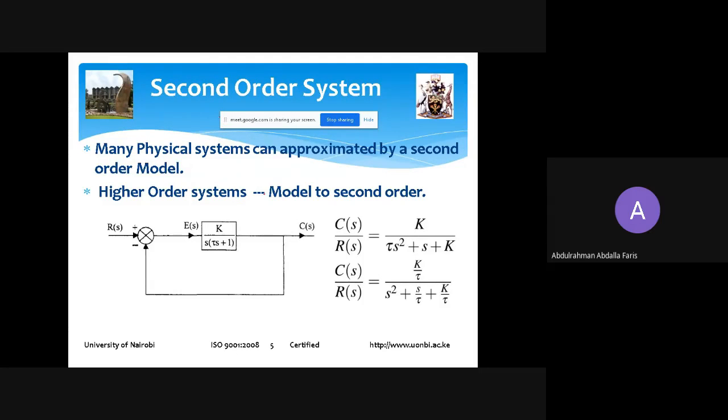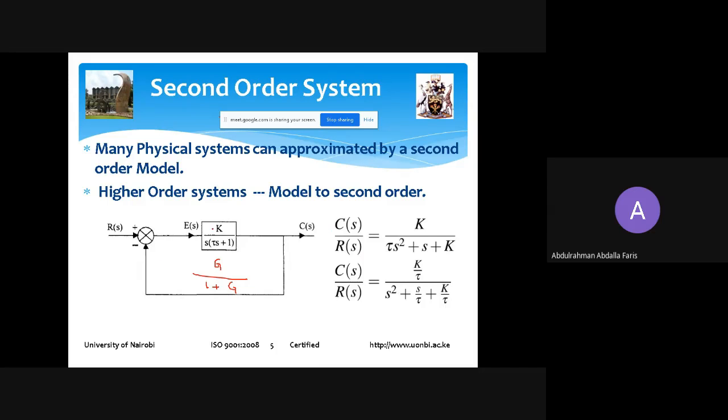So for a second order system, which is a type 1 system, you can see here we have S to the power of 1. So this is a type 1 system, and the overall transfer function is given by that. If this is G, then it's G over 1 plus G, because our H here is 1.